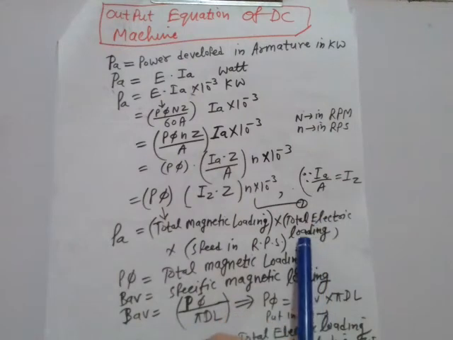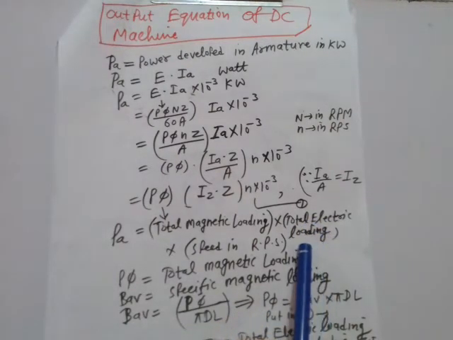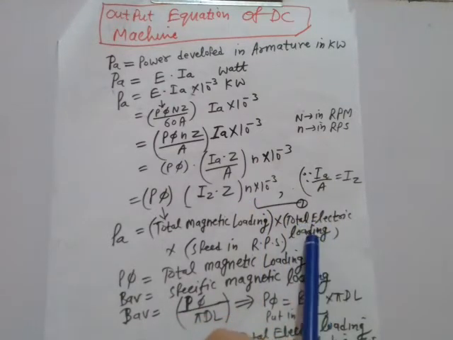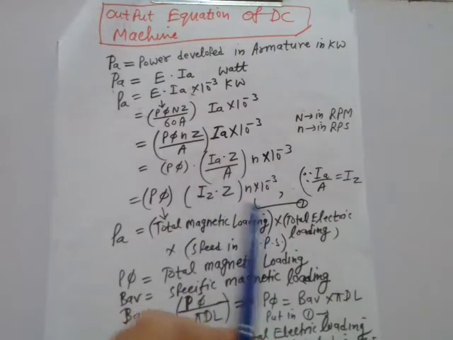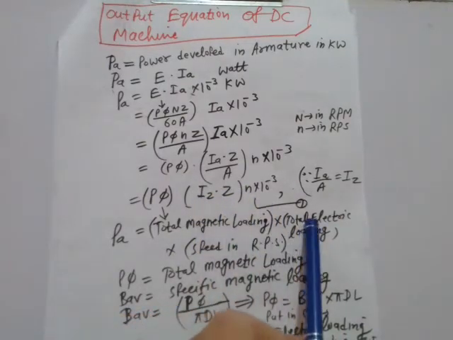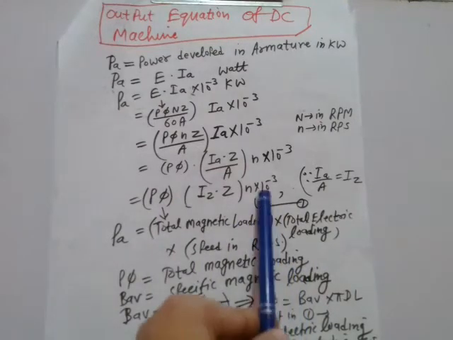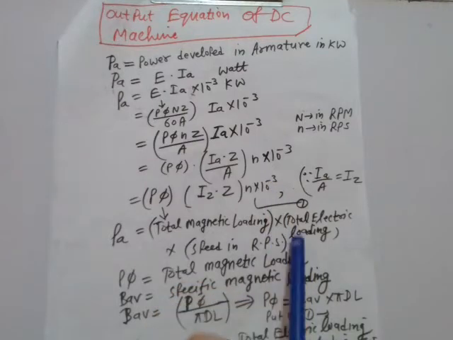Total electrical loading is the total number of ampere conductors over the armature periphery. It is equal to Z into IZ. So Z into IZ is the total electrical loading and P phi is the total magnetic loading, into speed in revolutions per second, small n, into 10 to the power minus 3.